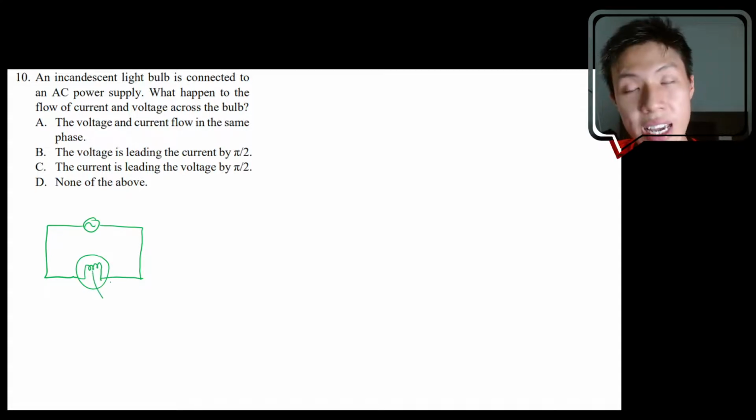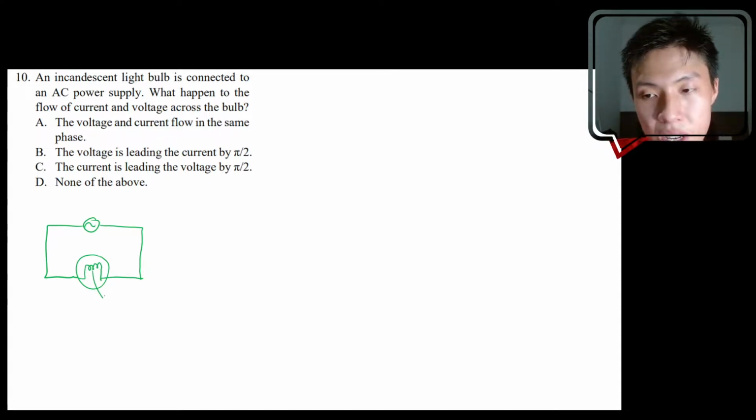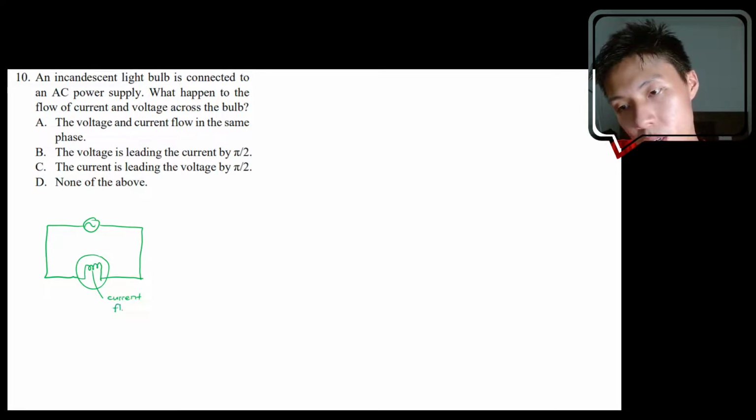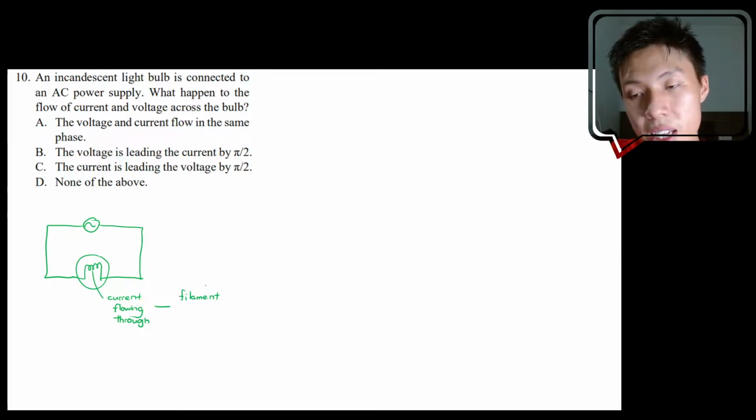How it works is, when you have current flowing through and the filament has high resistance, a lot of energy will be dissipated at the incandescent light bulb. Filament, high resistance, so you have greater energy dissipated.